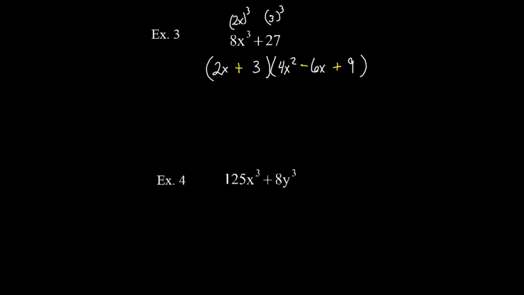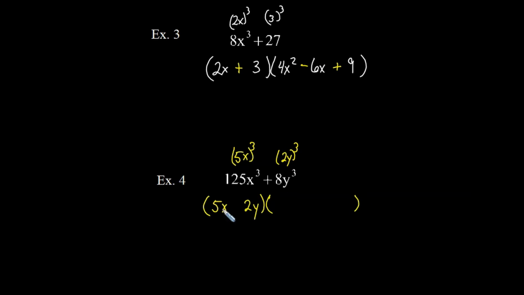All right, example 4. So once again, we'll have 5x raised to the third power, and then 2y raised to the third power gives us 8y cubed. These are already perfect cubes, and that creates the binomial 5x and 2y.